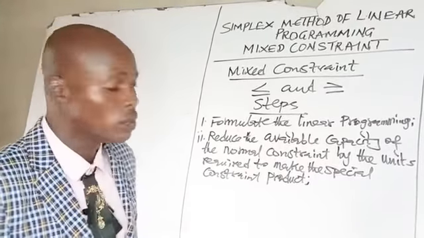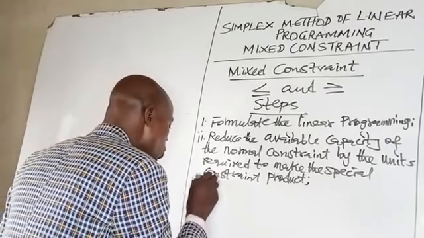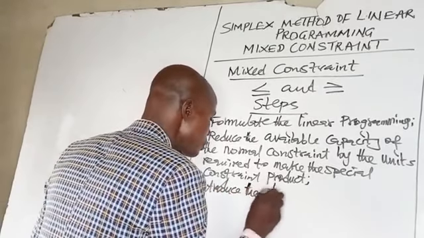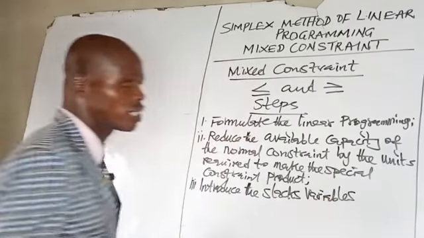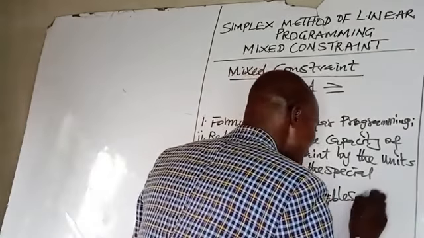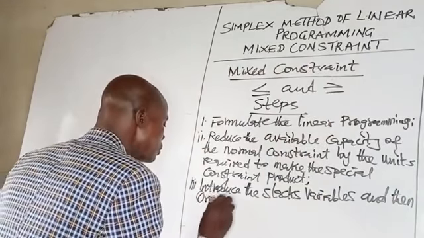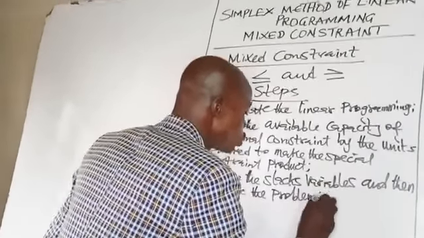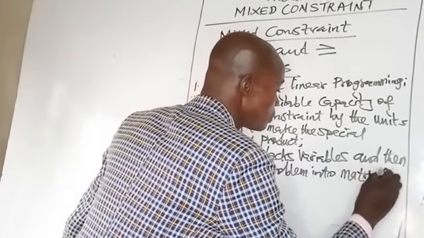That is step 2. Step 3, introduce the slack variables and then organize the problem into matrix form.